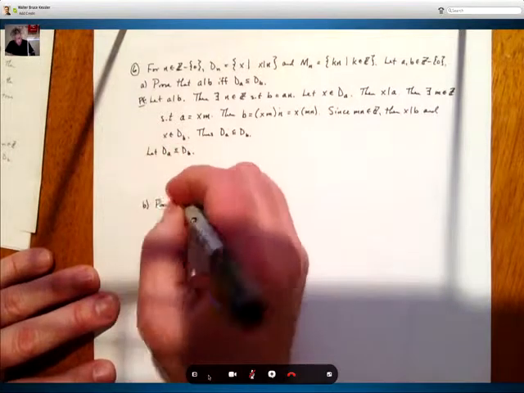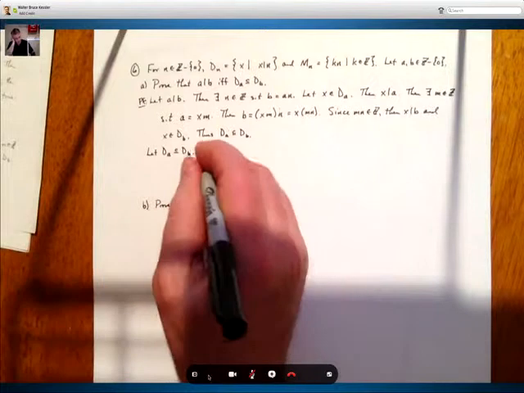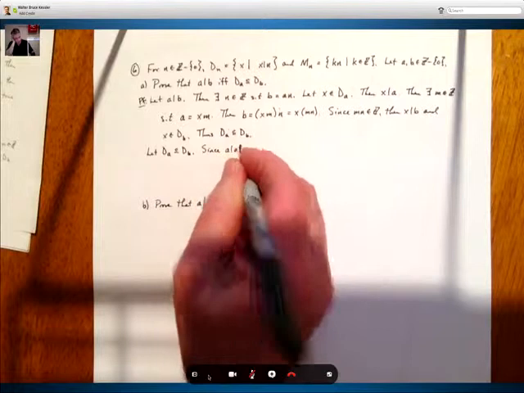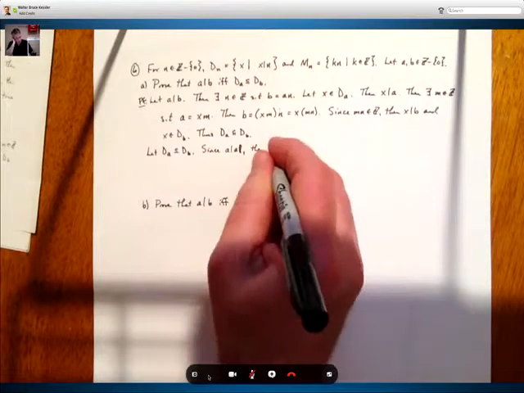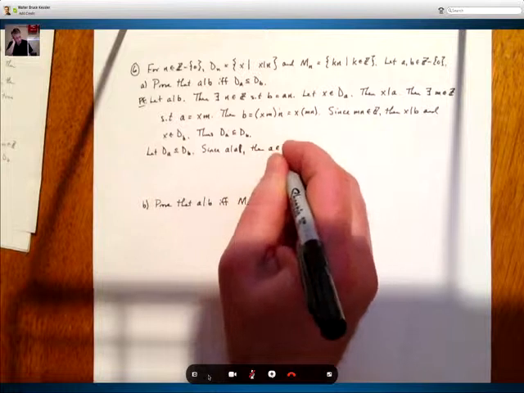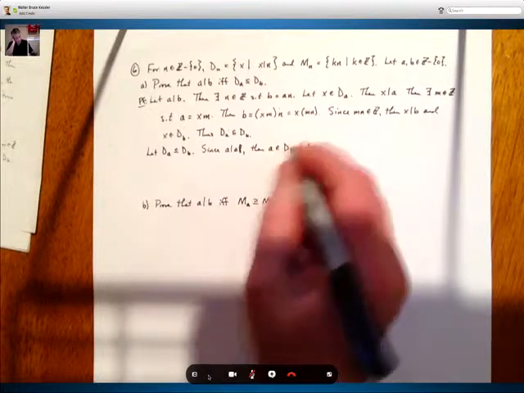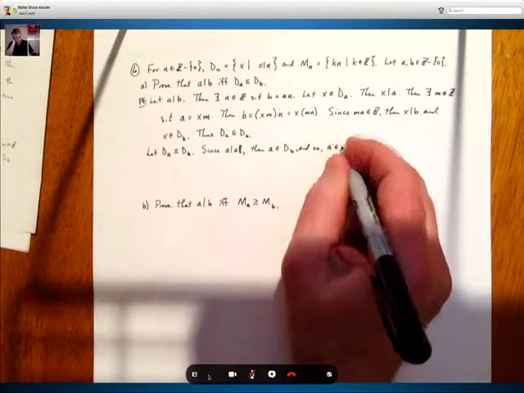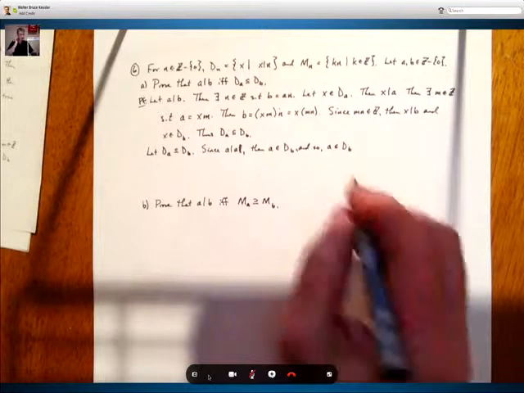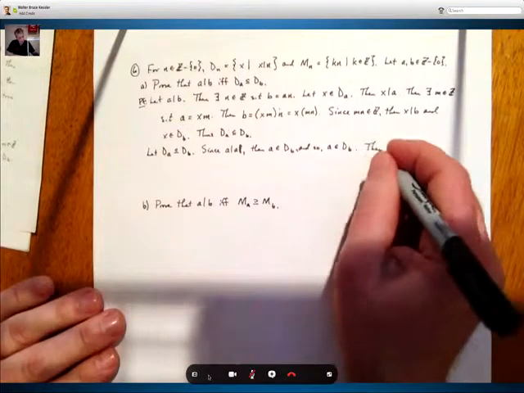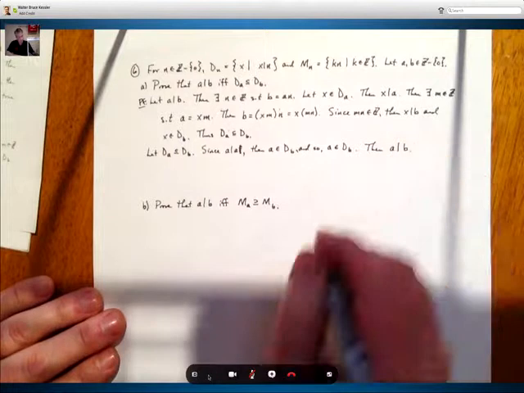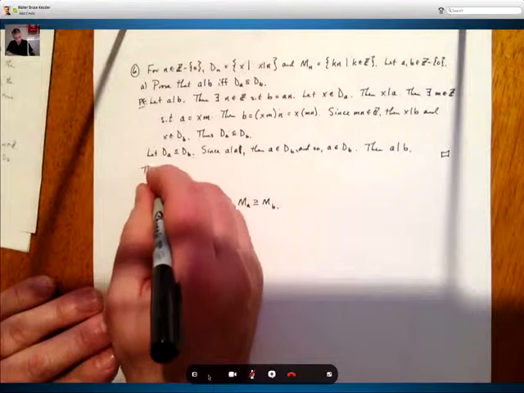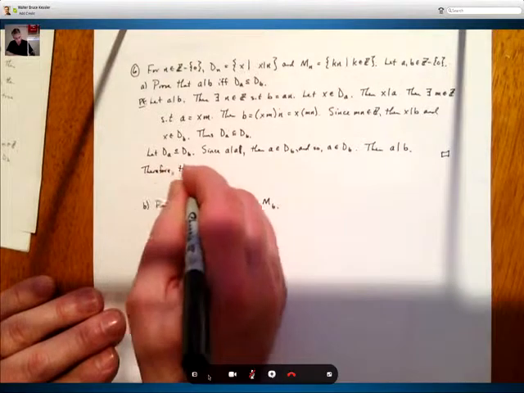Let D sub A be a subset of D sub B. Well, since A divides A, then A is in D sub A, and then since this is a subset of that, A is in the set of divisors of B, and what that means then is that A divides B. Done. Oops, I should have put my closing therefore the statement's true.